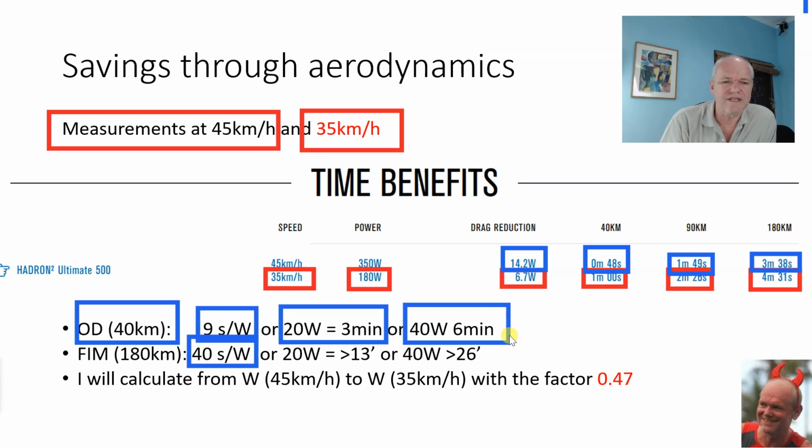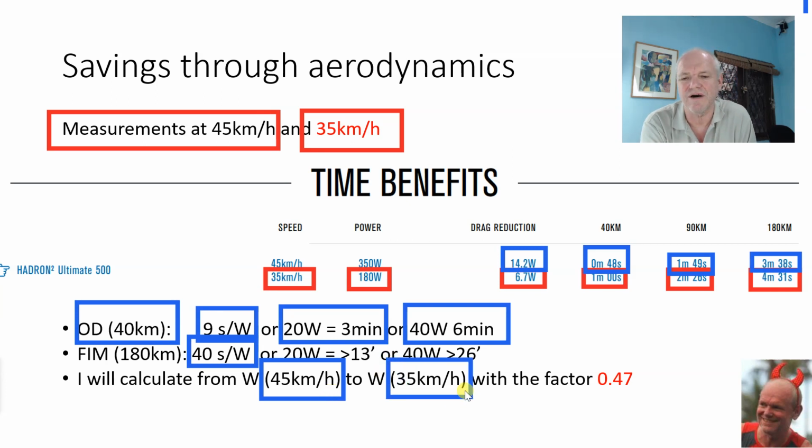And if you look on the internet, usually you find numbers for 45 kilometers per hour. That is how they measure. But I always used the numbers for 35 kilometers per hour if I have them, or I recalculated them based on the factor between these two in watt.